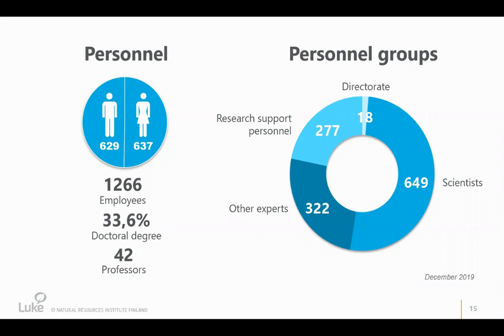But then you might notice that we have quite a high proportion of research support personnel, and that can be explained by the nature of our research. We, for example, conduct research on farm animals, so it's natural that the animals have to be taken care of also outside of the experiment. So we have that kind of infrastructure that requires a lot of personnel to make things work.